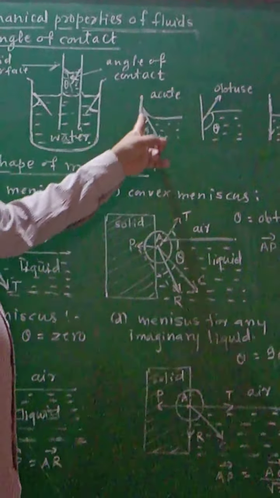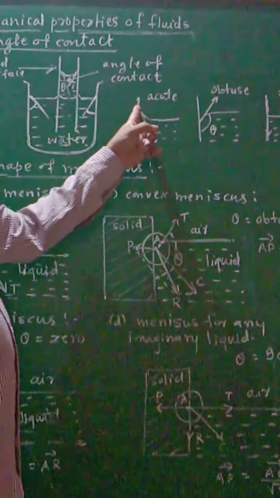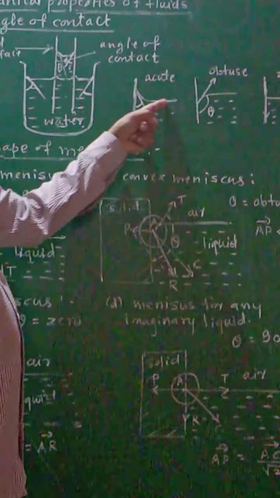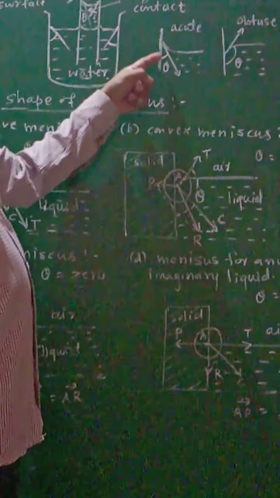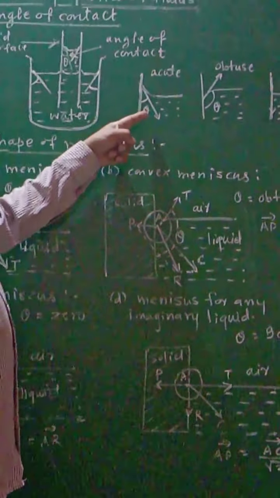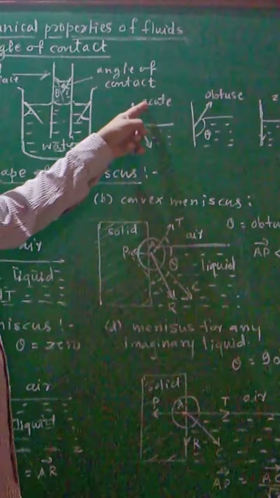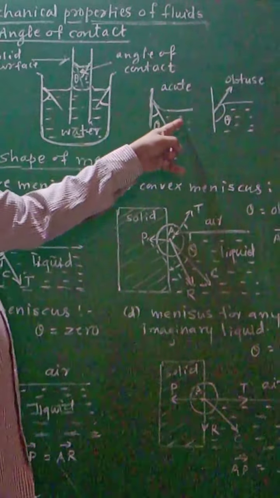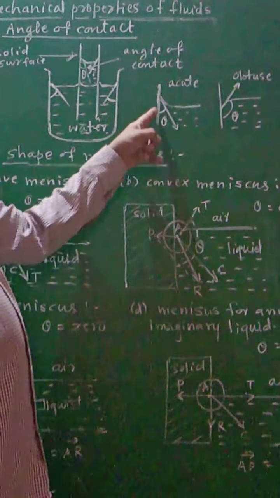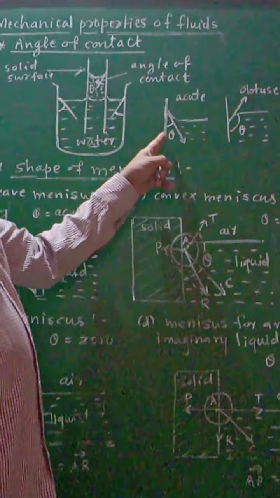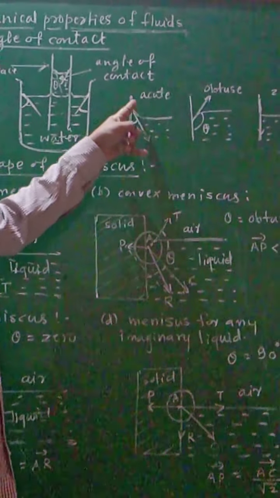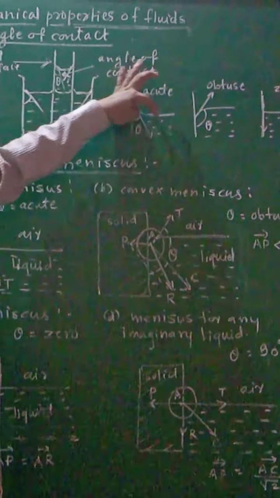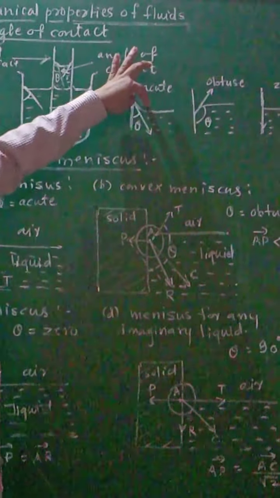The solid surface and liquid are in contact with each other at this point, so that here concave meniscus is obtained and the angle of contact theta is less than 90 degree, that is acute angle. Now this will happen only when this liquid partially wets this given solid. For example, kerosene in contact with glass will give us acute angle and the meniscus will be concave meniscus.